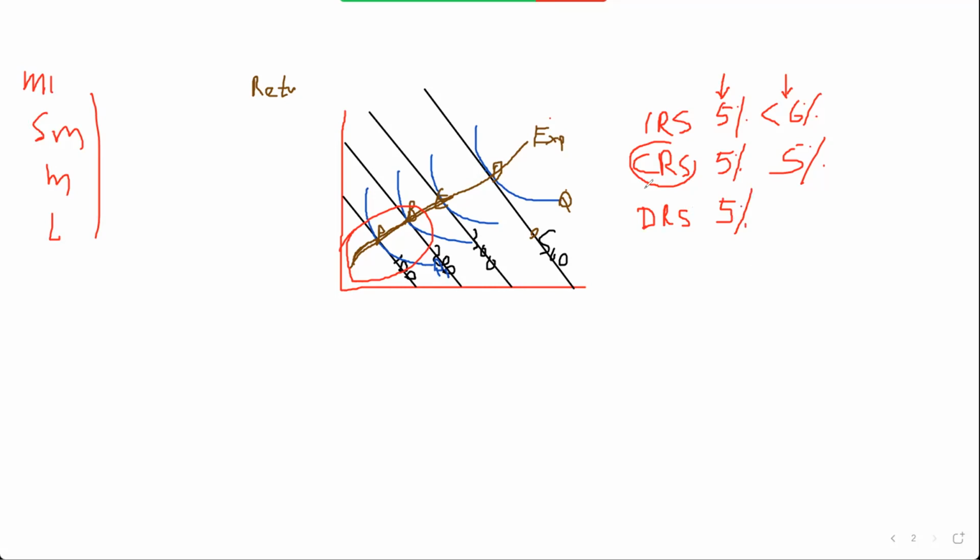The long run is not about one input, it is all the inputs. It's about the expansion of the firm. You increase the inputs, but the return you get is less than 5%, for instance, like 4%.